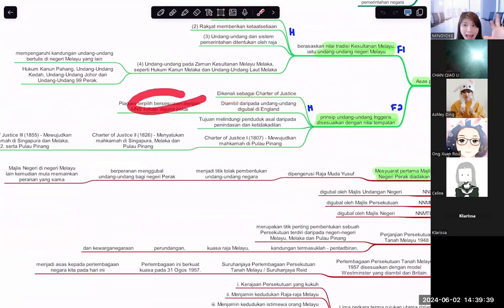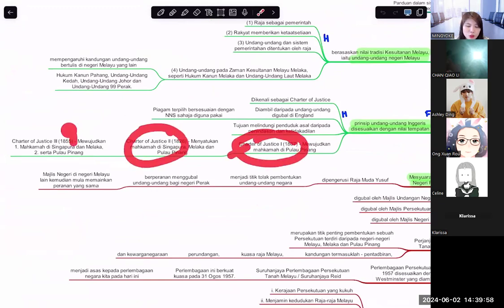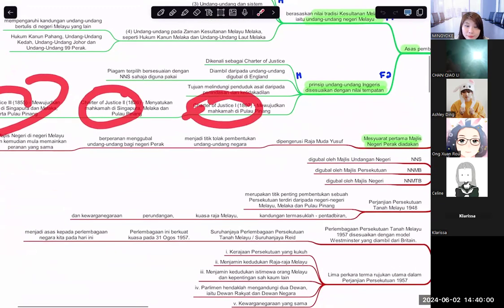They selected what was suitable to our local values and called it the Charter of Justice. The purpose is to protect our people so that we are not oppressed or treated unjustly. Contoh, we have Charter of Justice 1, 2, and 3.